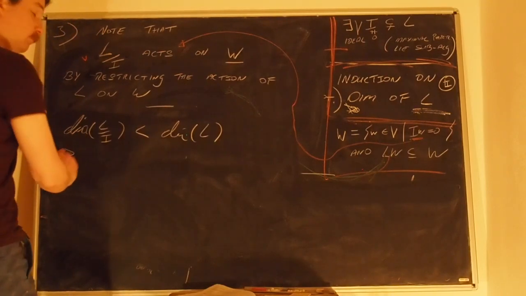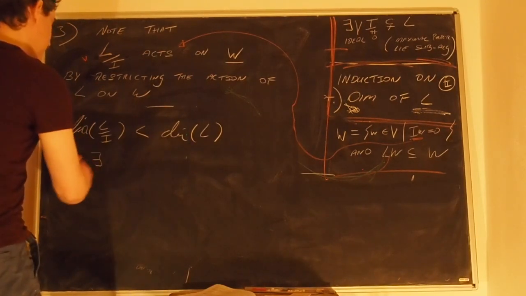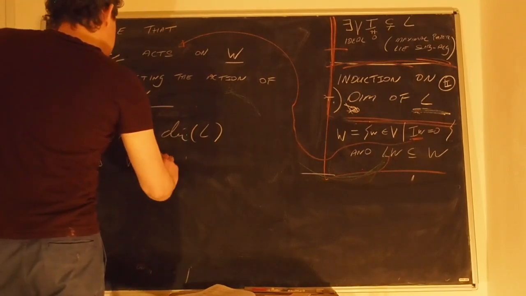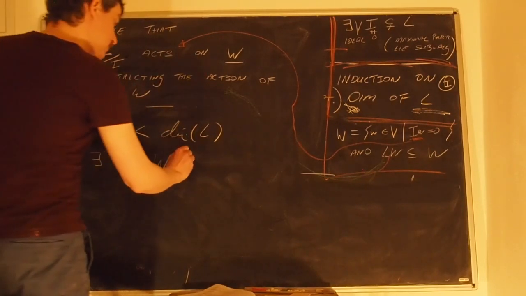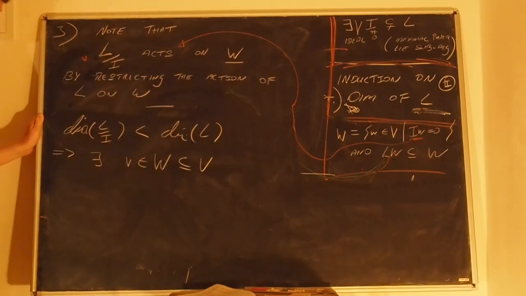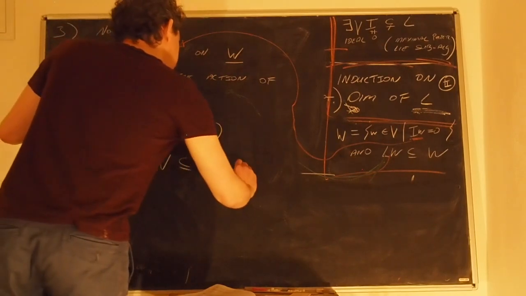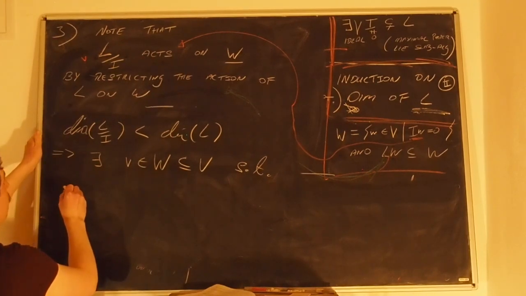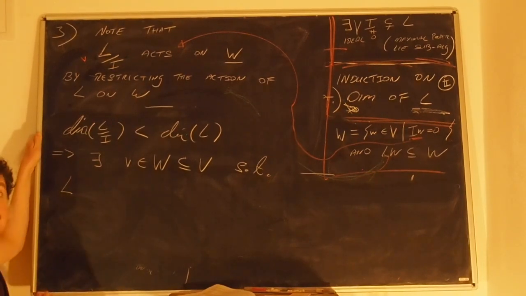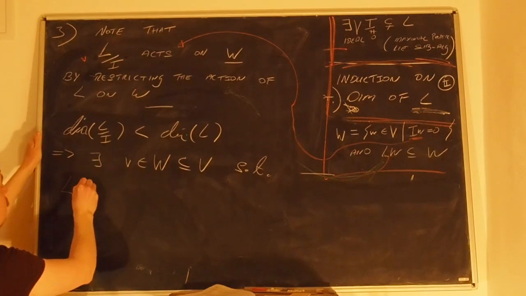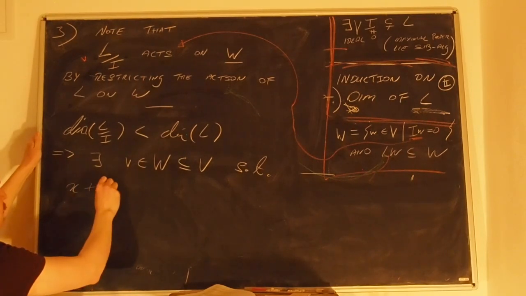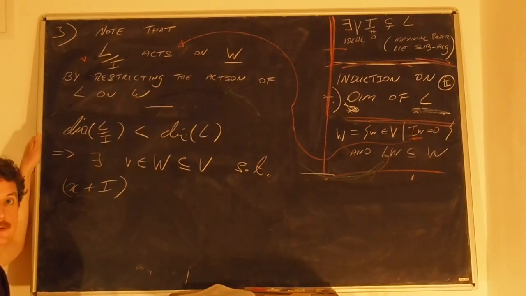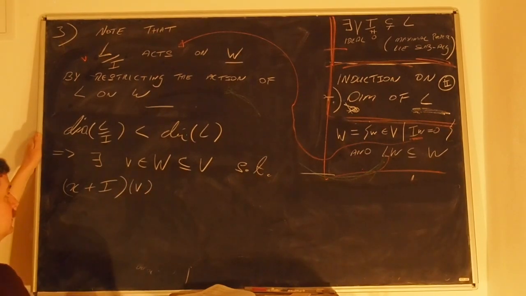So that means that there exists a V inside of this subspace W, which of course is contained inside of V. So this small v is in big V, such that every element x plus I of our Lie algebra is going to act on v to give us 0.